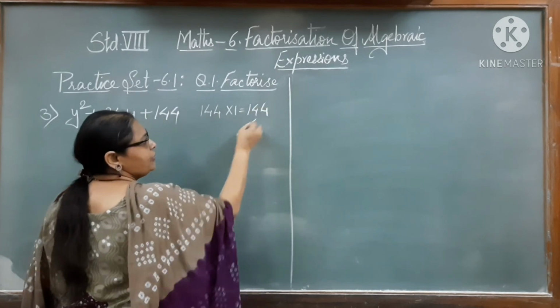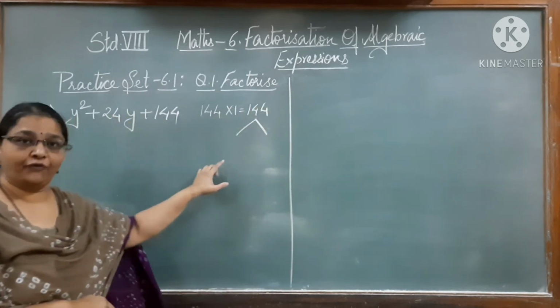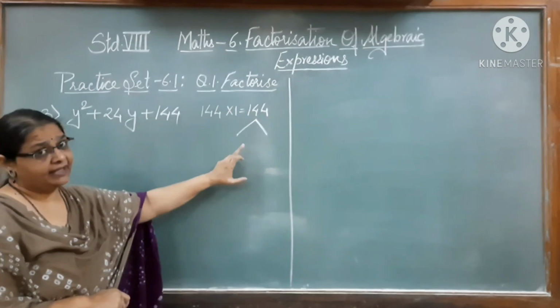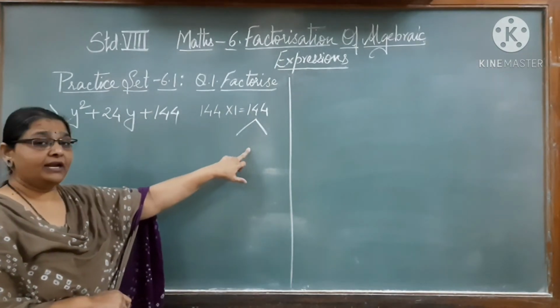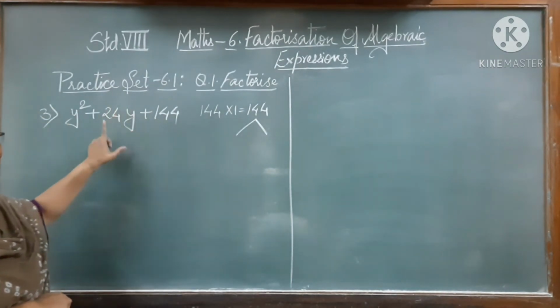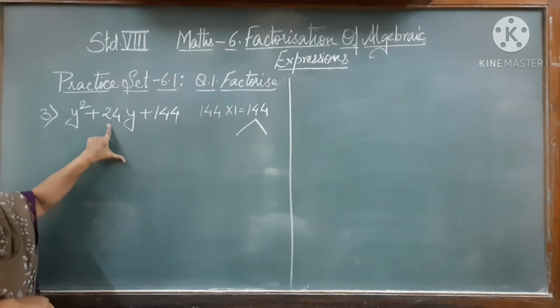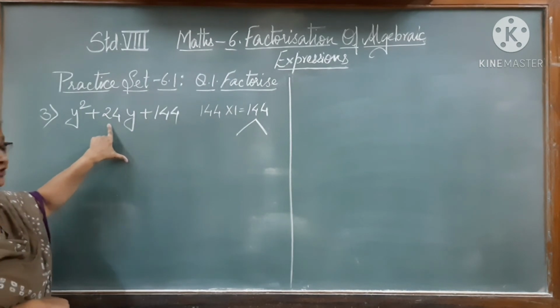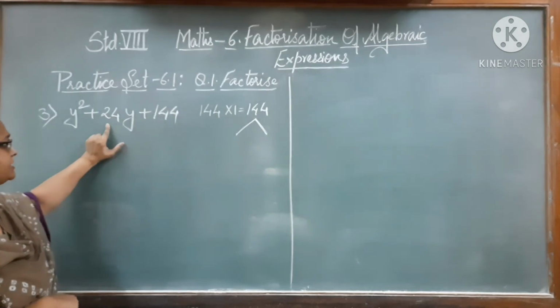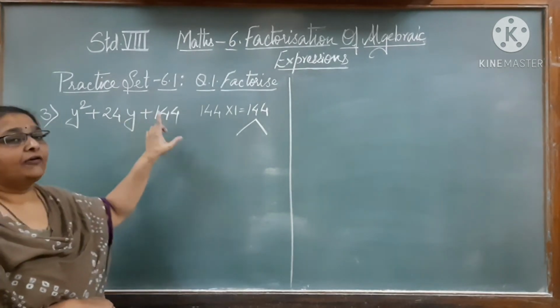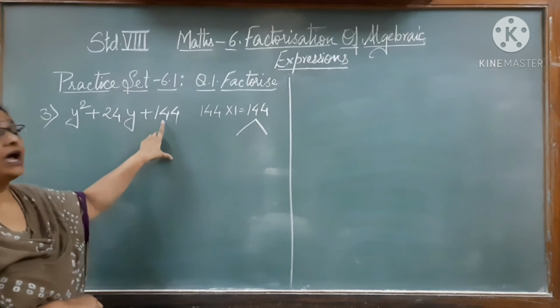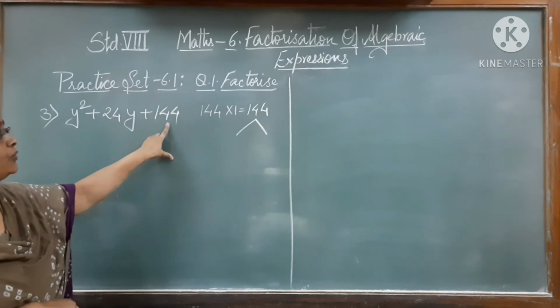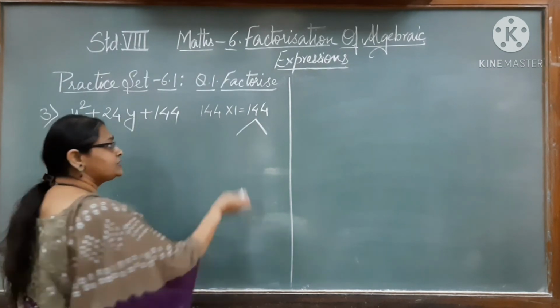So let us find the factors of 144 in such a way that they sum up to 24, which is the coefficient of the middle term, and when I multiply those factors, I should get 144. Let us see which are those terms.